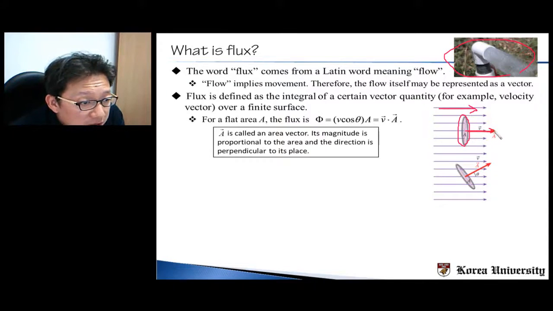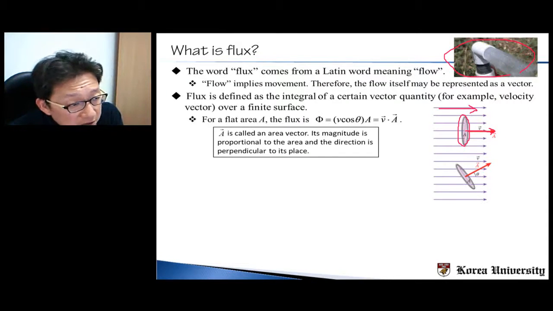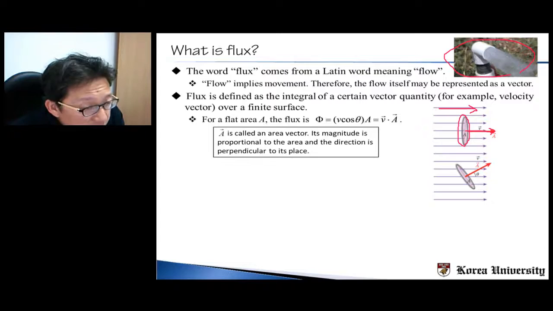Are you familiar with the area being a vector? Well, you know, again, area has a side, and then depending on how it's located, we can define a direction, which the best direction to describe this surface is the perpendicular direction. So therefore it has both direction and size. So area can be described as a vector.